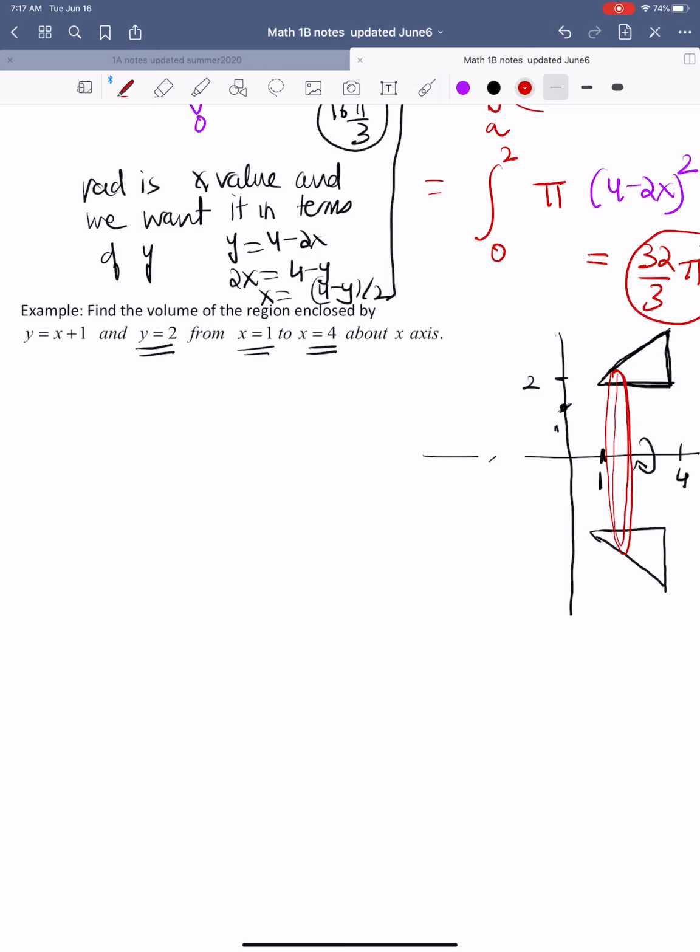Actually, in this case, it would be washers, not discs. So I'm just drawing one disc for your reference. We're going to have discs all the way from 1 to 4.